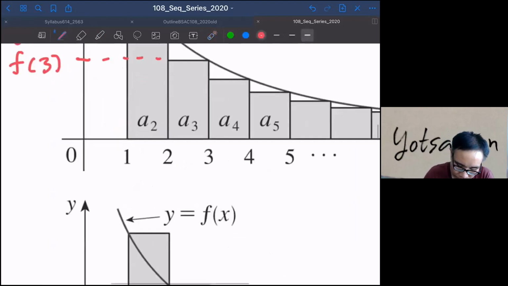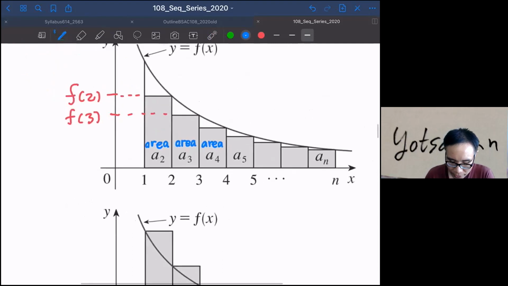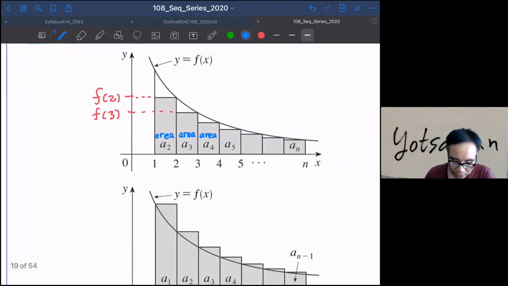The area of the second bar is a_3, and the area of the third bar is a_4, respectively. This one is a_2, this one is a_3, and so on, going down.